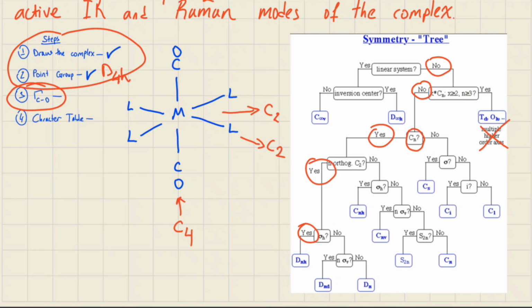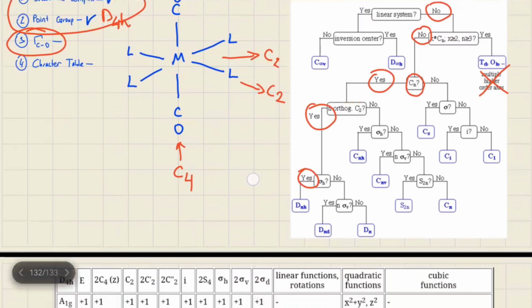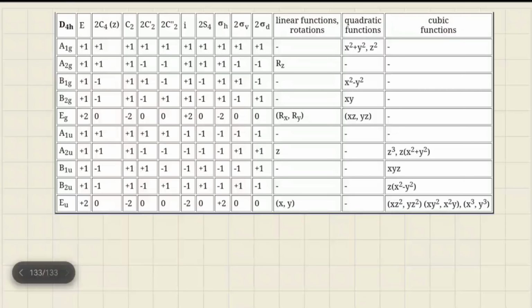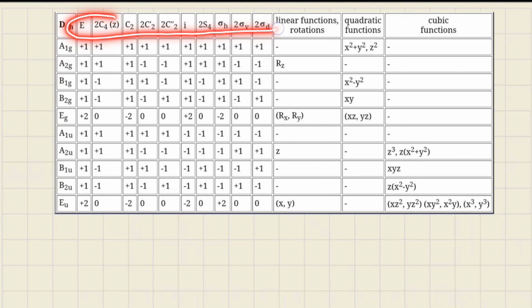So we made the first 2 steps, and then we have to find the reducible representation for the CO bond. So we have symmetry operations: E, C4, C2, C2 prime, C2 double prime, i, S4, sigma h, sigma v, and sigma d.